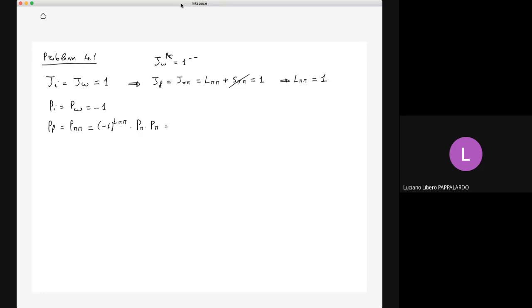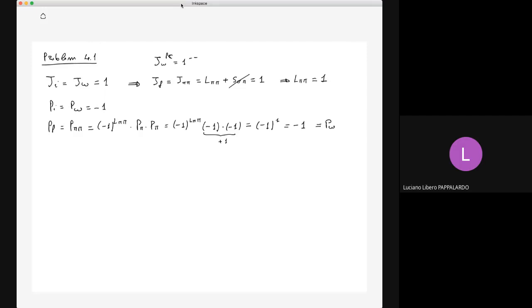The intrinsic parity of the pions is -1, as we know, because they are pseudo-scalar mesons. So this is (-1) times (-1), which overall is of course +1. So overall we have (-1)^L, with L equal to 1, as we know from angular momentum conservation. Overall, this is -1, and it is indeed equal to the initial parity. So parity is conserved in the decay.